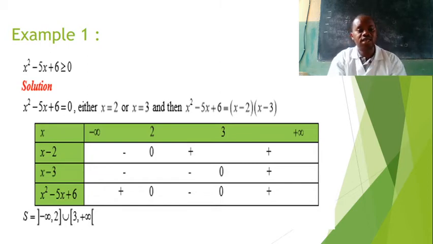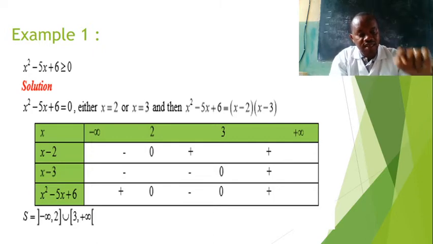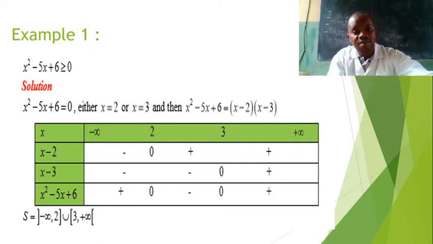For x minus 2 in this row, we ask ourselves, if x is equal to 2, and we replace x by 2, we will get 0.